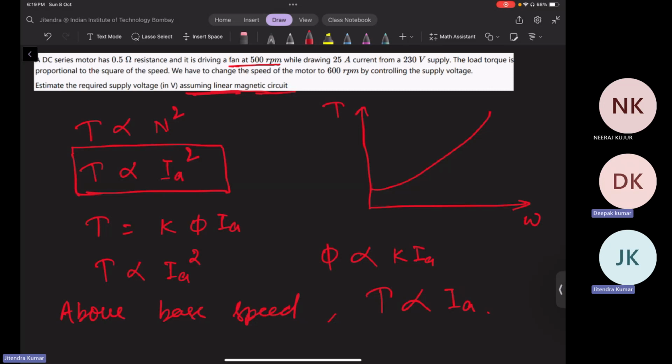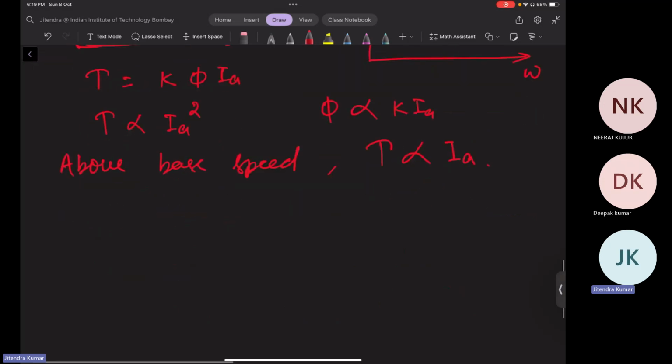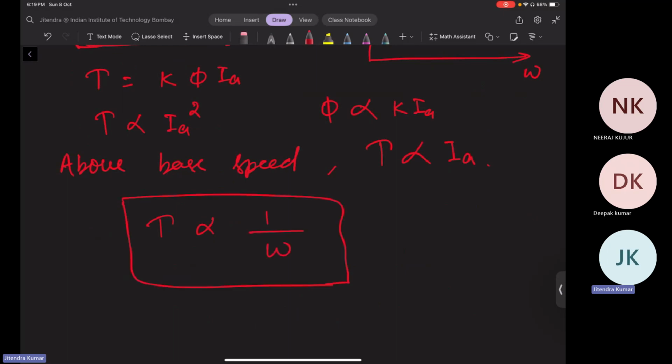Sir, we studied that torque is inversely proportional to speed, but here it is directly proportional. Why? Yes, you have studied that torque is inversely proportional to speed, but that holds when your power is constant.